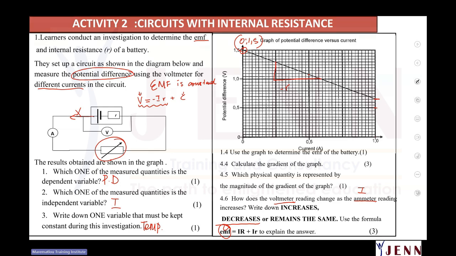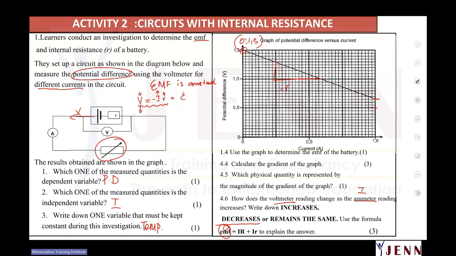Why is that? The reason it's decreasing is because as we increase current, we are also increasing the potential difference lost across the internal resistance, which therefore means the external potential difference will also decrease, because most of the energy is lost to the battery.